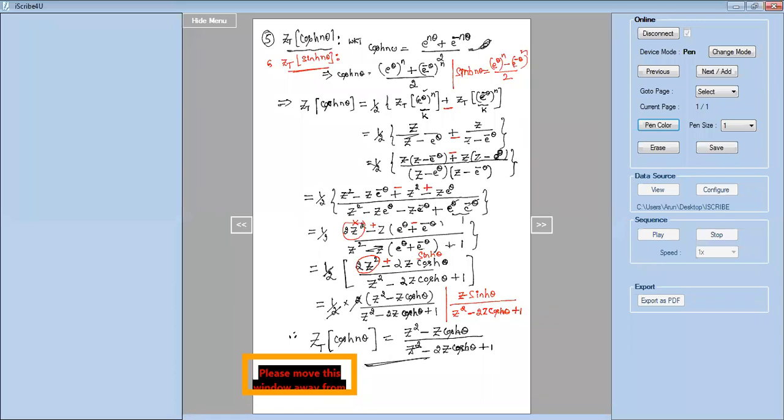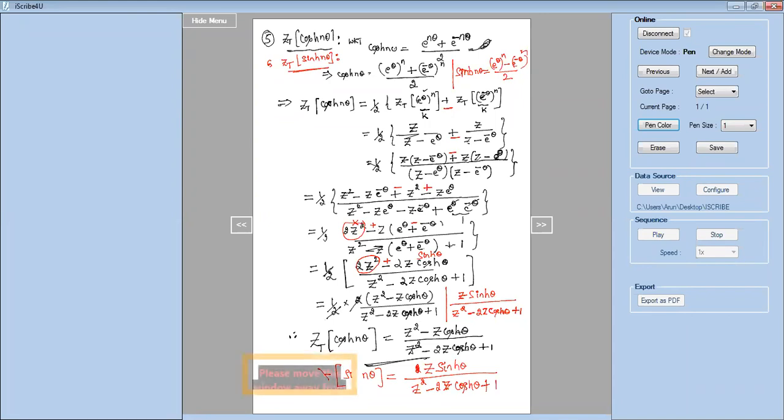So finally, you get the z transform of sinh n theta equals z sinh theta divided by the denominator, which is same, that is z square minus 2z cosh theta plus 1.